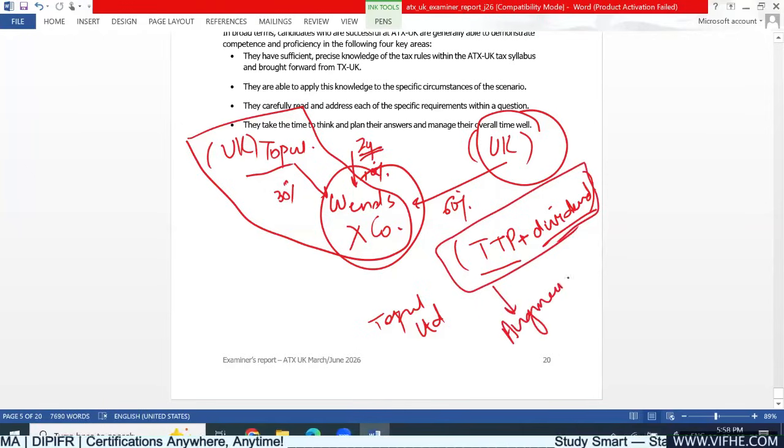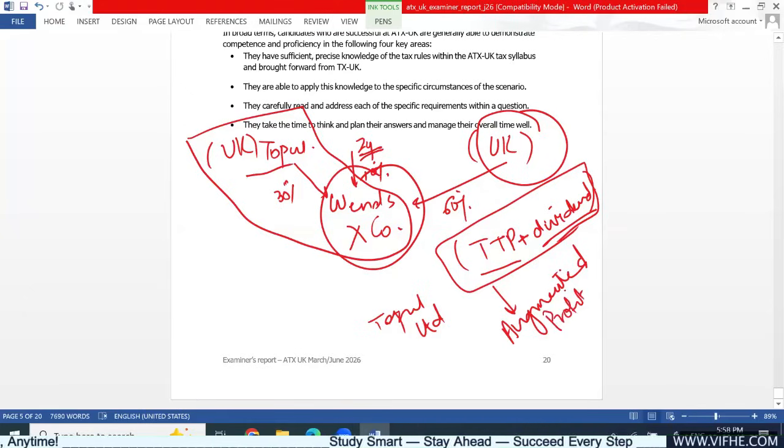And augmented profit is something on the basis of which we define whether the company is eligible to pay corporation tax in quarterly installments or not. If the augmented profit would be crossing the threshold of 1,500,000 pounds, then this is basically the normal profit threshold. This is basically the point where Topal Limited will be required to make quarterly installment payments.